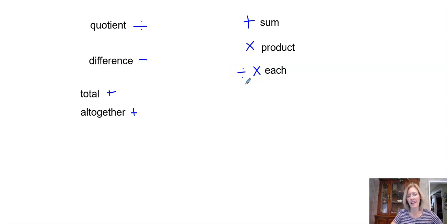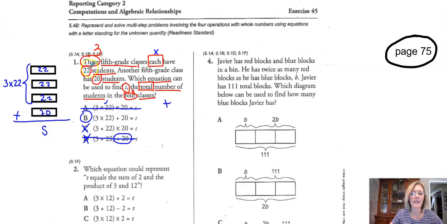So it's kind of half and half. If the each is in the question sentence, you'll probably divide. Not always, but probably. Okay. If each is in the information part, not the question sentence, most of the time or many times, it'll mean that you'll multiply.